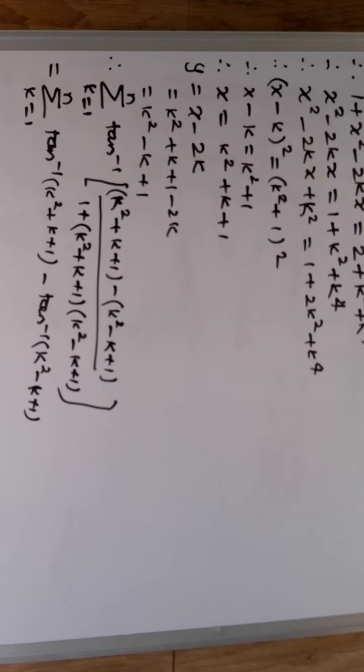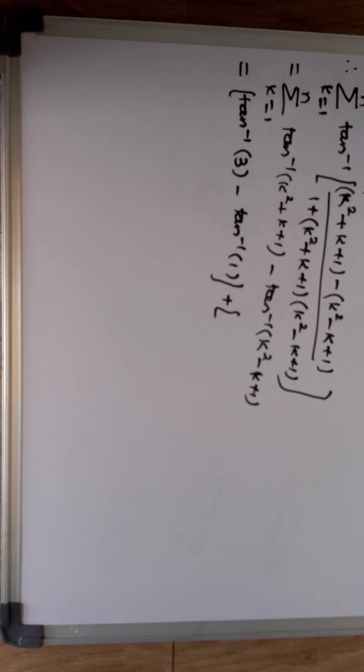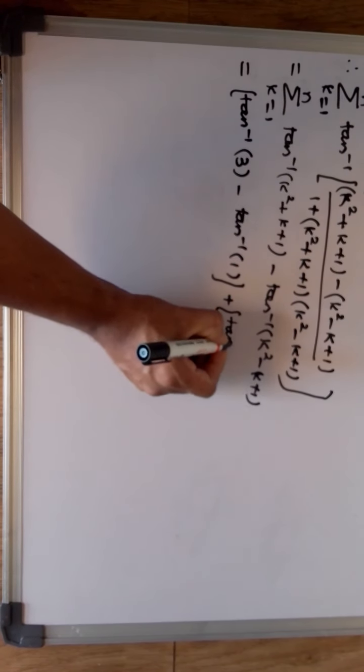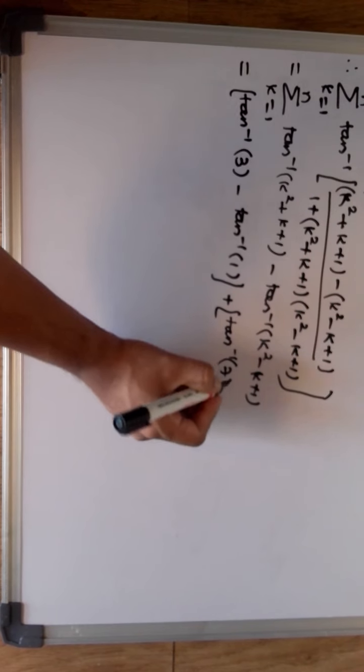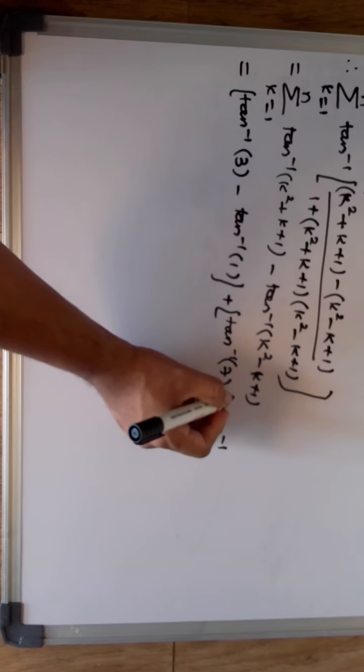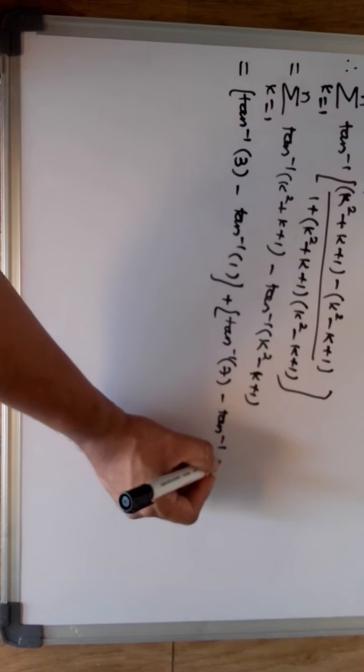Okay, now what I will do, I will just put one value and check what result it gives me. So now I am putting the value 1. On putting 1 we get tan inverse 3, 1 plus 1 plus 1, and 1 cancels here, so obviously it will be 2 minus 1, that is 1. And when you put 2, that time you get here 4 and 3, 7, that is tan inverse 7 minus tan inverse 4 plus 1, 5 minus, that is 3.